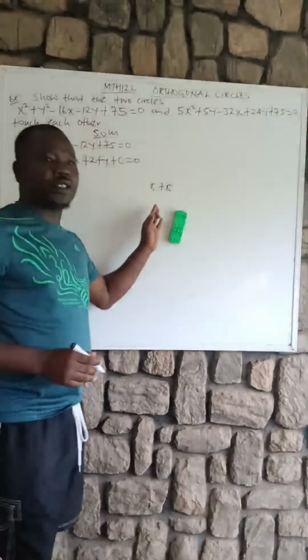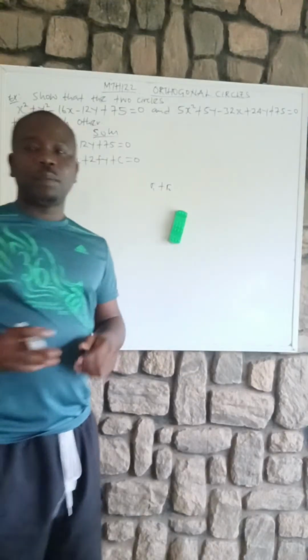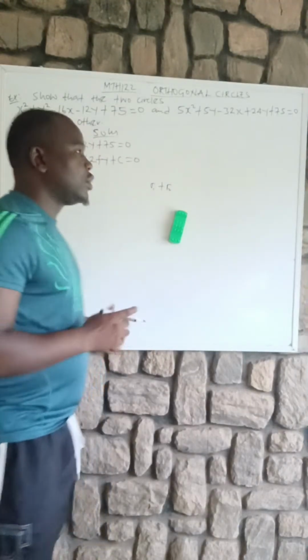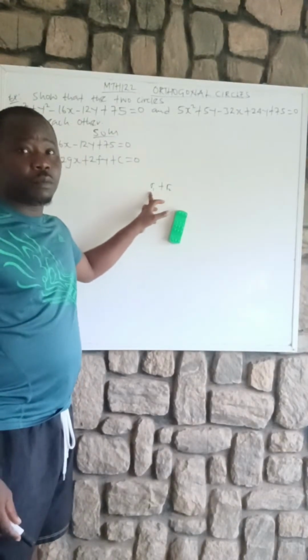Then the other one is talking about the difference of their radii. So it means we need to look for the radius.